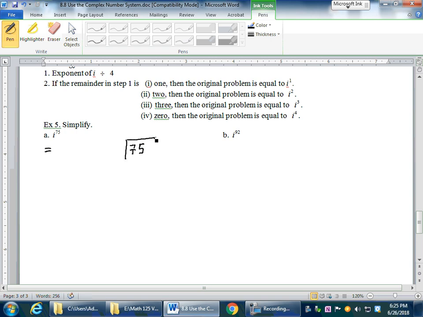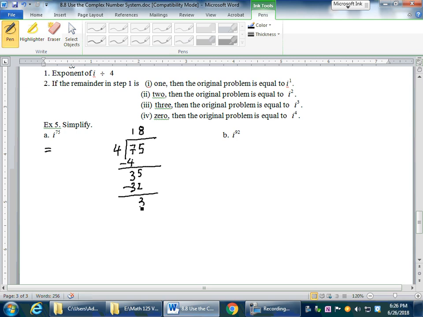I divide it by 4. So 4 goes into 7 one time, 4, 35. So 4 goes into 35 eight times, 32. So the remainder is 3.